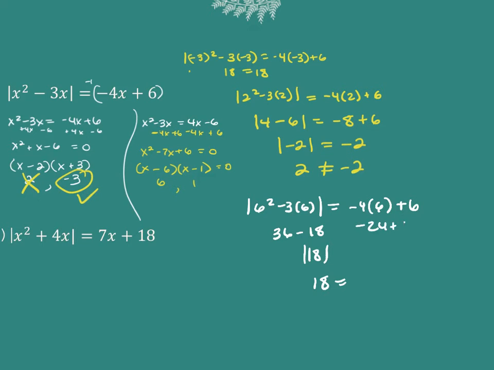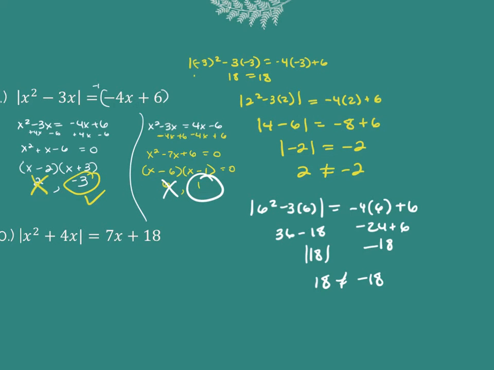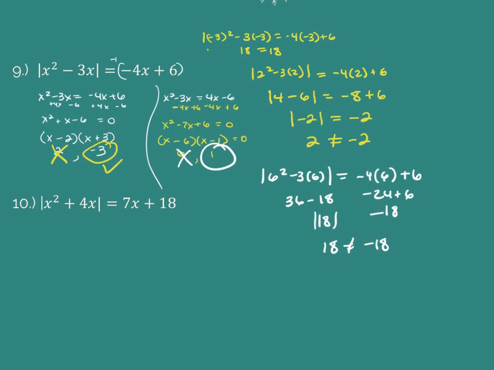Yep. So the 6 and the 2 don't work. The 1 and the negative 3 do. I didn't plug the 1 in, but we did plug in the negative 3. The 1 will also work.